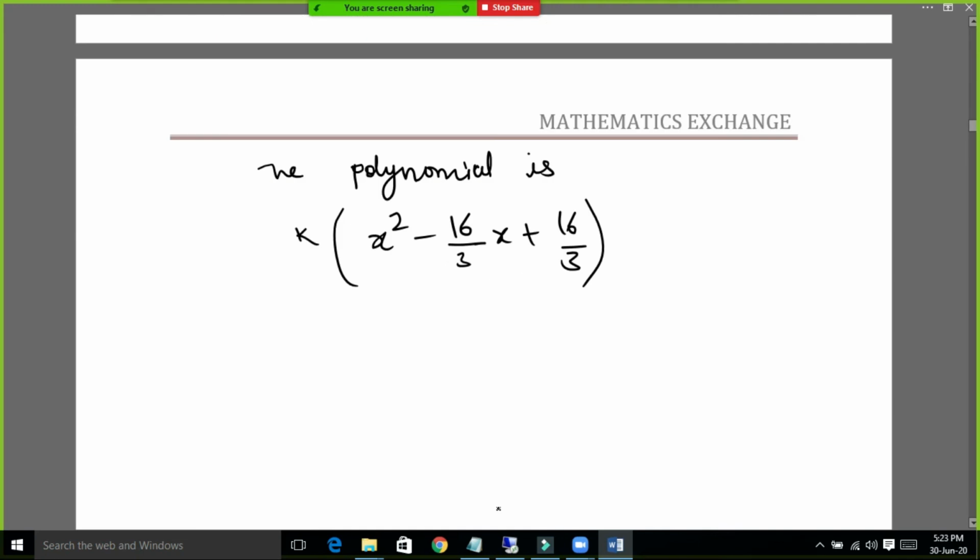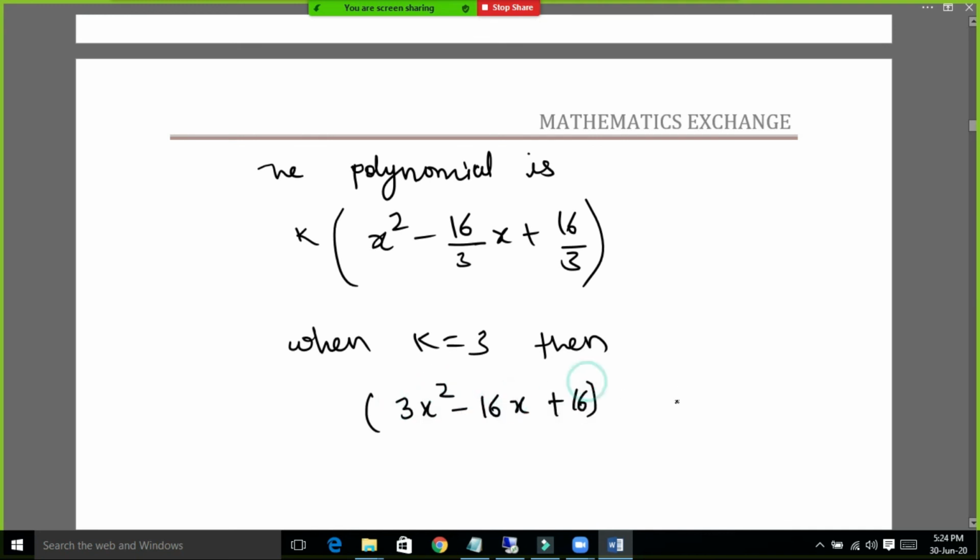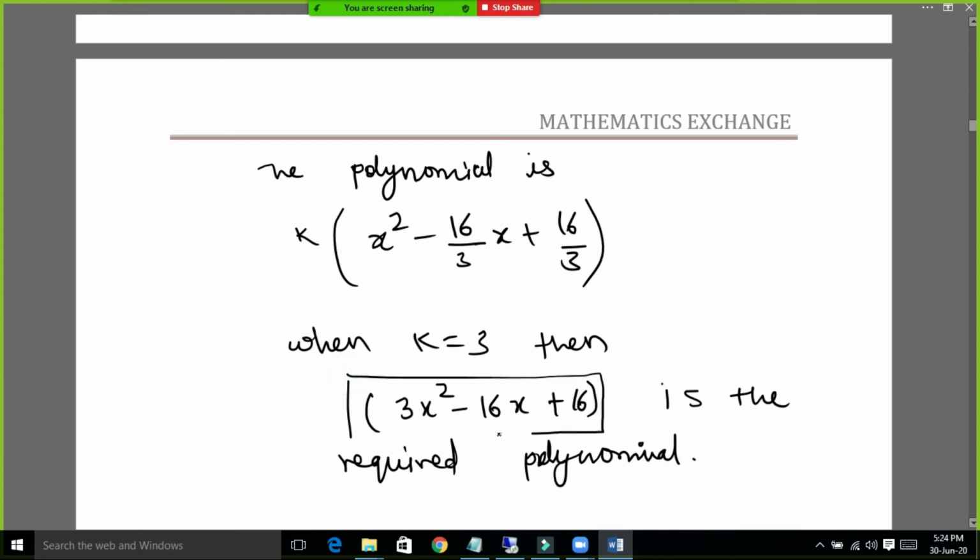So when k is equal to 3, then 3x square minus 16x plus 16 is the required polynomial when the zeros are 1 plus beta by alpha and 1 plus alpha by beta.